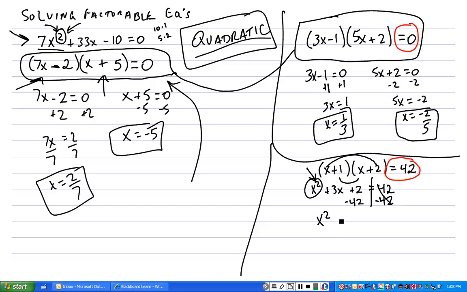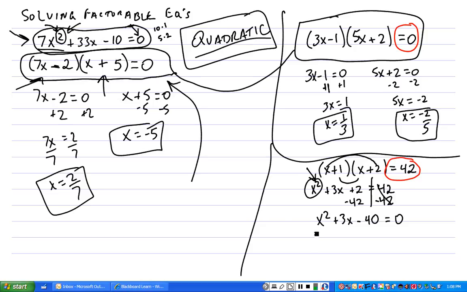So now I have x squared plus 3x, and this gives me a minus 40 now. And on the other side of the equal sign, because these cancel, now I have 0, because the 42 and the negative 42 canceled each other out and left 0. Now I have a quadratic set equal to 0.